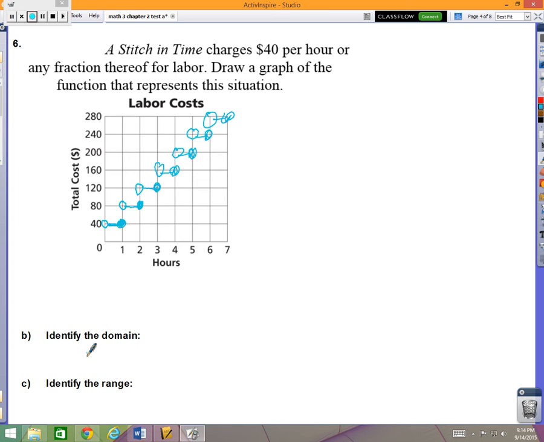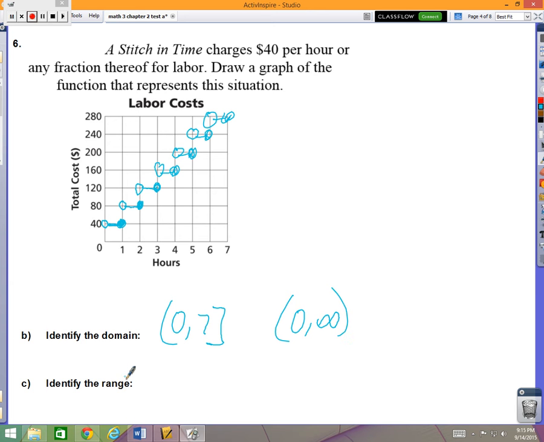The domain is the x-axis, how far left, how far to the right. So the domain is either 0 to 7, including 7, not including 0, or you could even probably argue she could go to infinity. She could stitch her heart out forever.